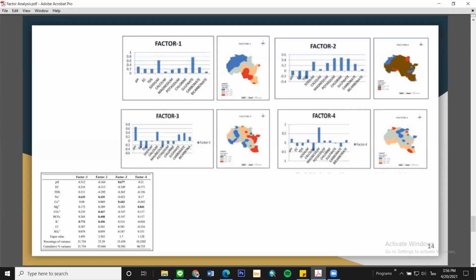It contains sodium, potassium, bicarbonate, and carbonate. In this manner, this part can be considered to clarify the water type, and factor 3 is higher loading for pH and carbonate, not carbonate and calcium, and factor 4 is higher loading for magnesium only.